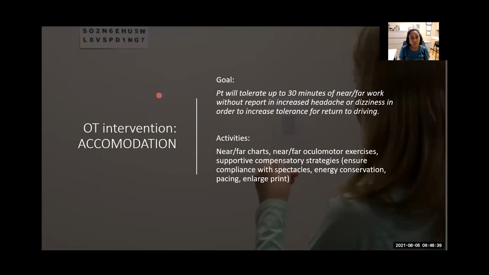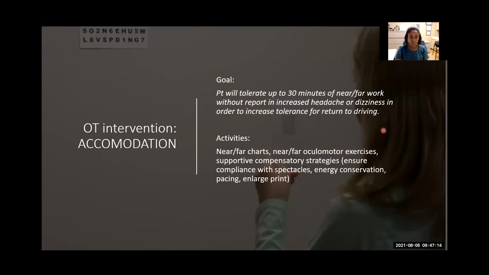In this example, she is looking at a small chart in her hand, and she's shifting her vision from the small chart text up to the identical large chart on the wall here in the distance. It's cut off here in the photo, but she's going back and forth in these near to far charts, clearing the text as she goes on. So here we're trying to work on increased tolerance and efficiency with clearing different distances in space. And there's just a lot of ways you can utilize this type of near-far activity.